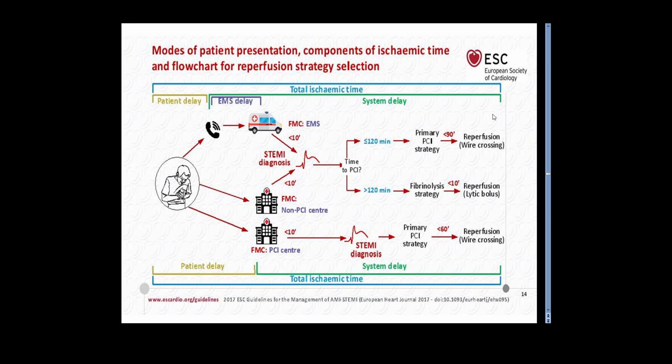If you call an ambulance, after first medical contact you make an ECG within 10 minutes, and you establish ST elevated MI, and if time to transportation to a PCI capable center is less than 120 minutes, we can do primary PCI strategy.